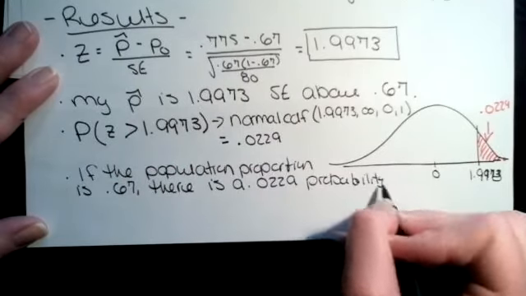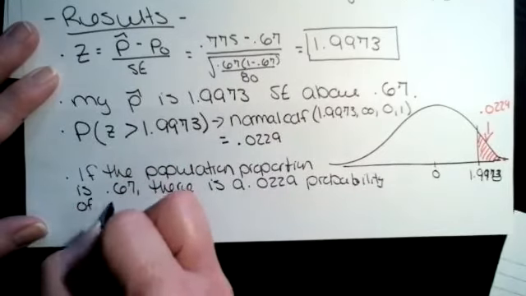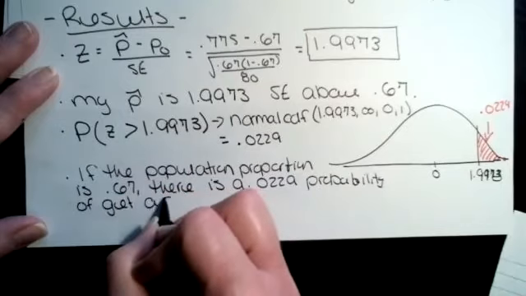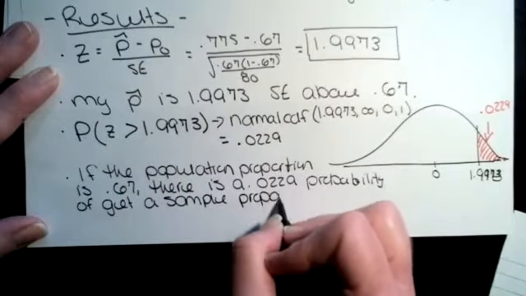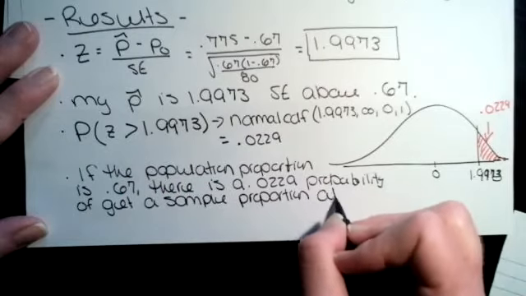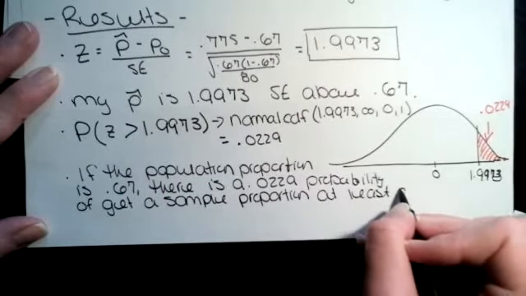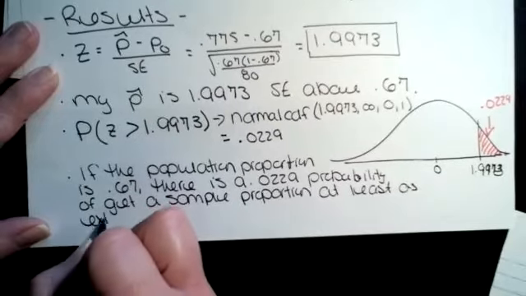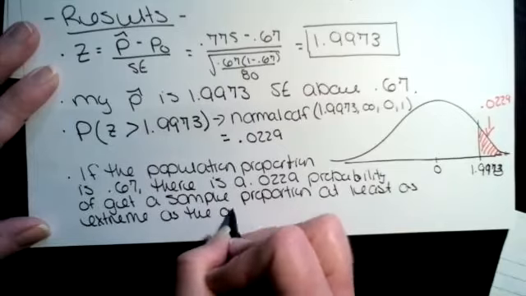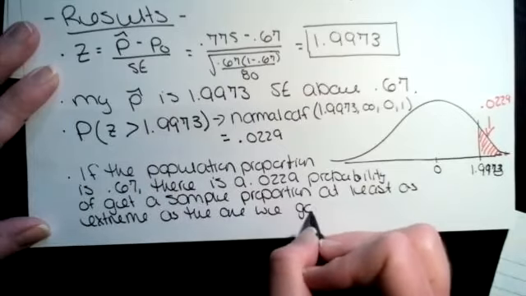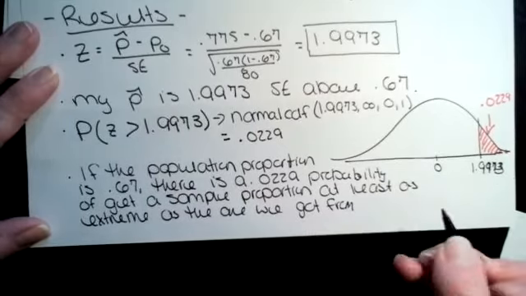I leave it in decimal form, of getting a sample proportion, meaning, so another one, at least as extreme as the one we got from sampling.